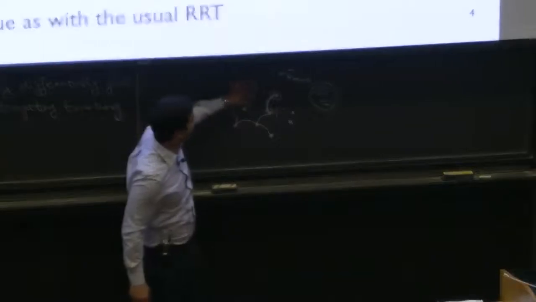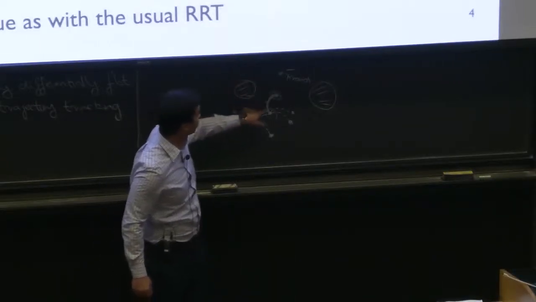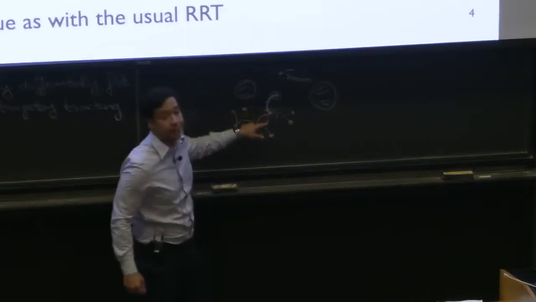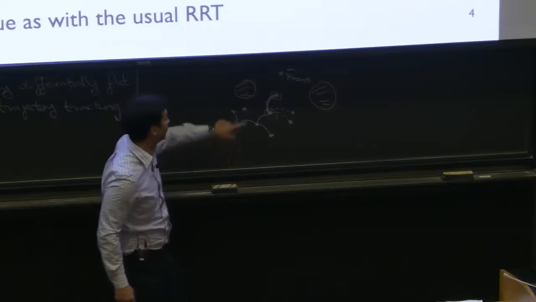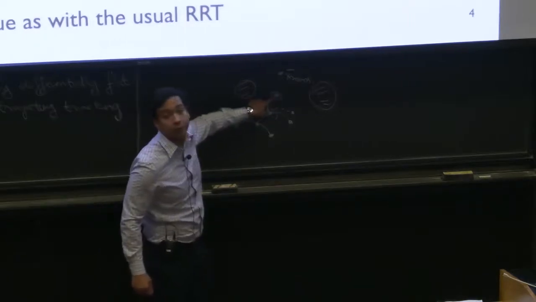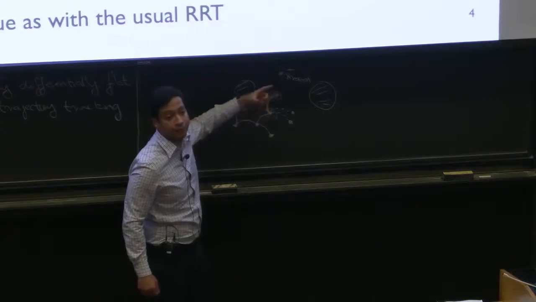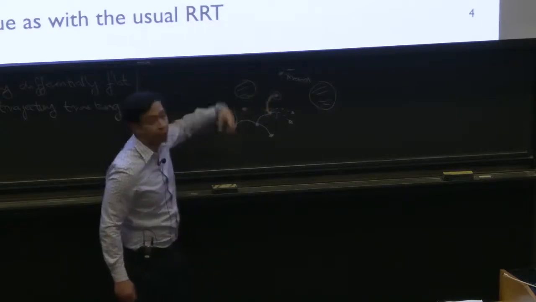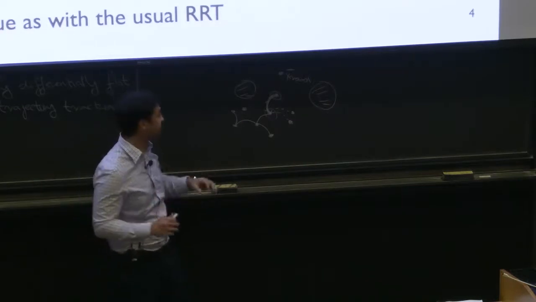The step where the obstacles come in is when you extend the tree in these different directions, you can do collision checking. So you can check whether this state is in collision or not. If it's not in collision, then you keep it. If it is in collision, then you can just throw it away. There are also intermediate things that you could do.